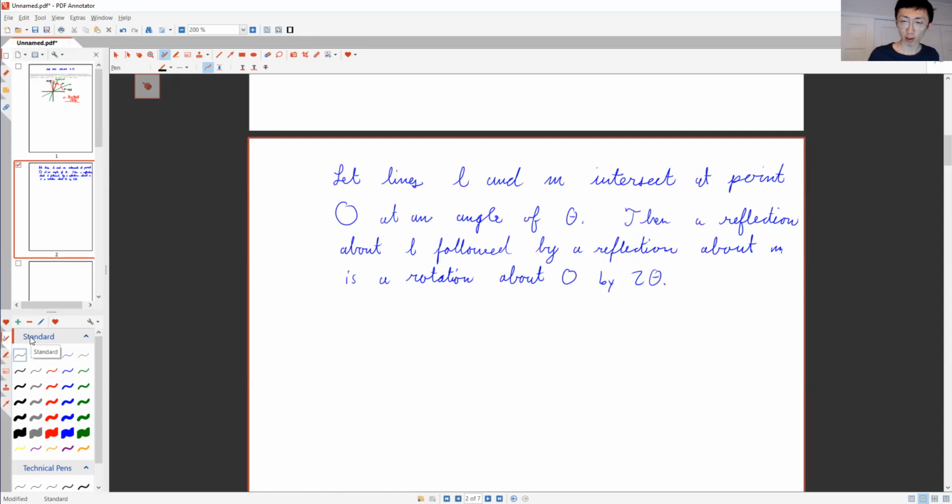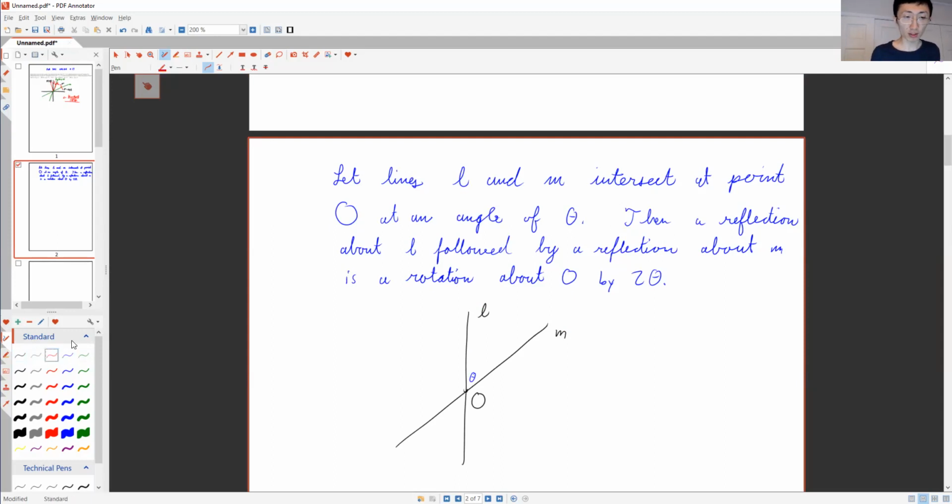Let's say you have lines L and M, and they intersect at some point O. So here's L, M, and then let's say we'll make the acute angle between them theta. Then if you reflect something about L and then reflect it about M, it's actually a rotation about the intersection point O by 2 theta.